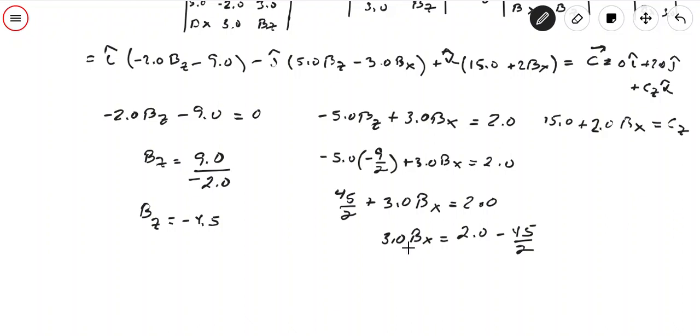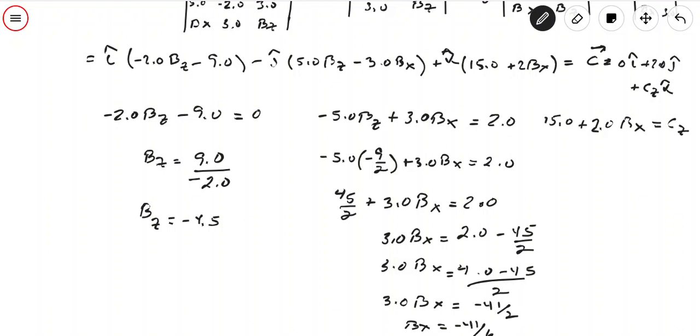Yeah, that's fine. So this here will be 4.0 minus 45 over 2. So this would be 3.0 Bx equals negative 41 over 2. And then dividing by 3, we get Bx is equal to negative 41 over 6. Negative 41 over 6 would be negative 6.83. So this would be the value of Bx.